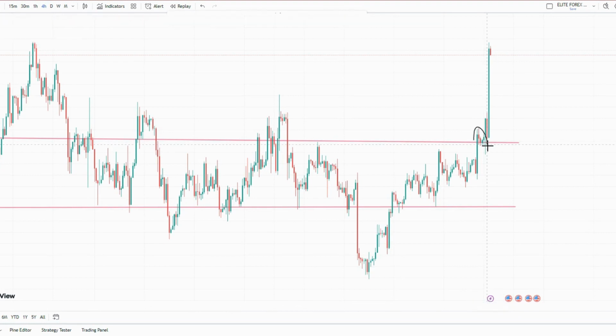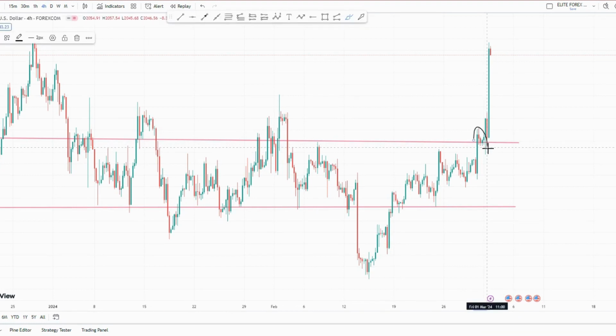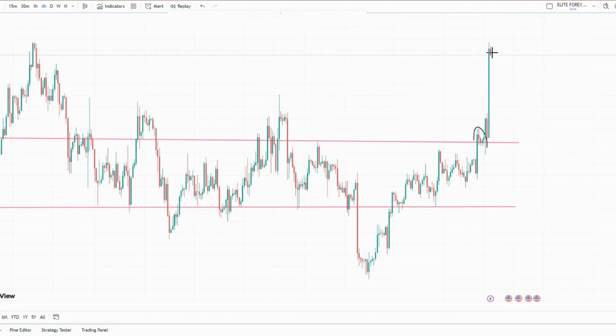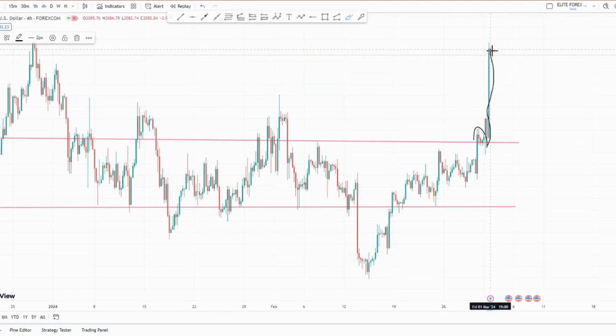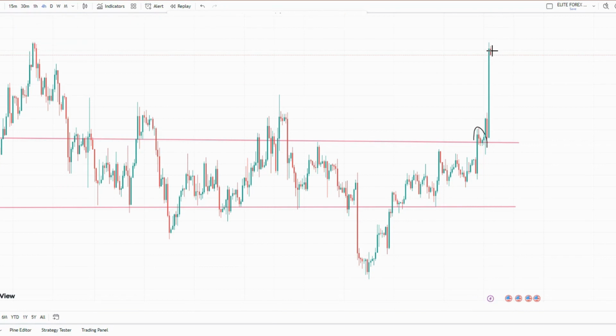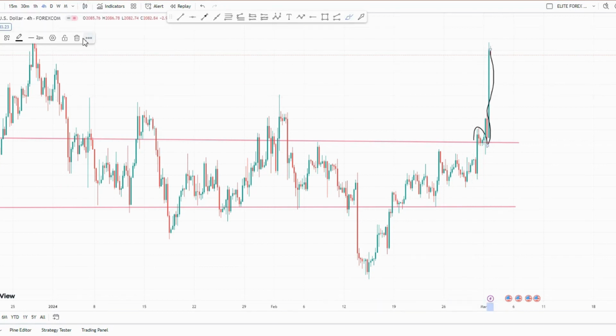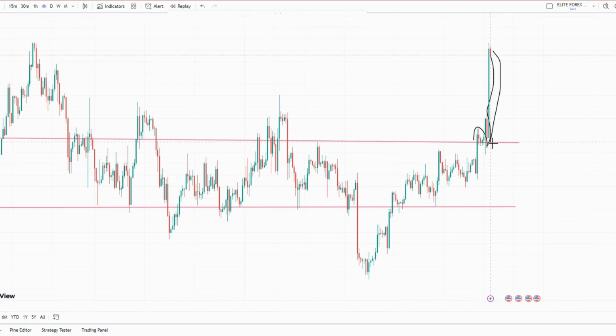So let's continue. So there was a retest, and after the retest, the market still pushed back to a strong buy, and then before the market will continue its movement again, there would be another retest again, but this time around it might not reach this point, except maybe this movement is over.